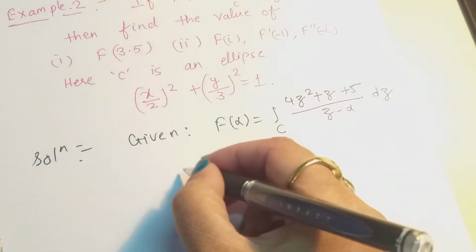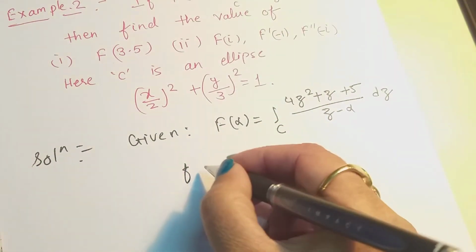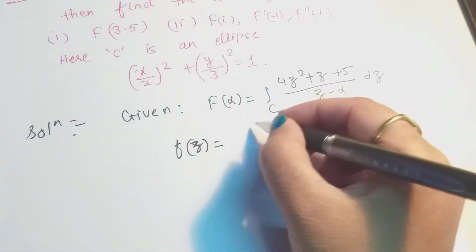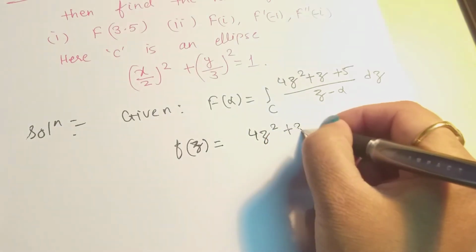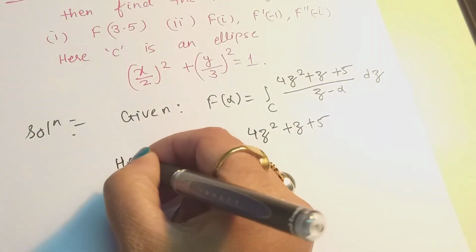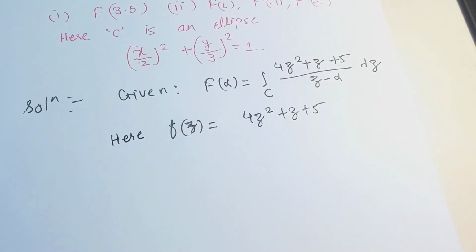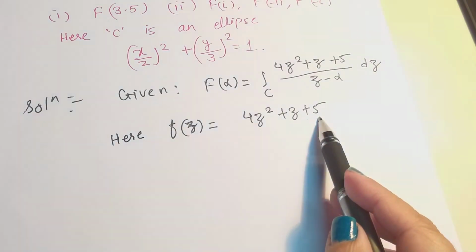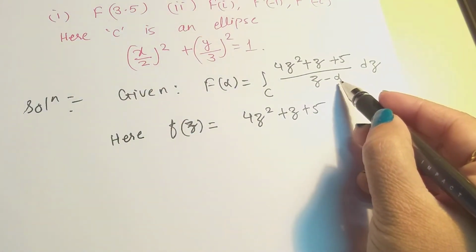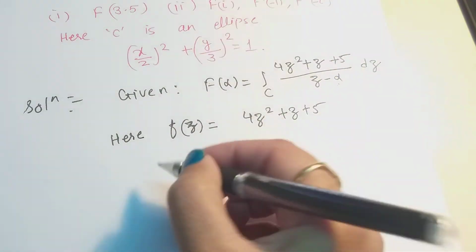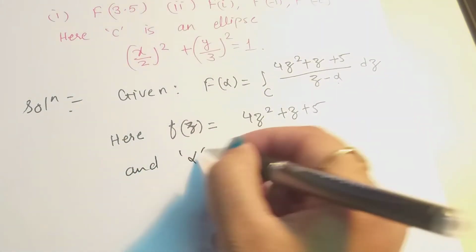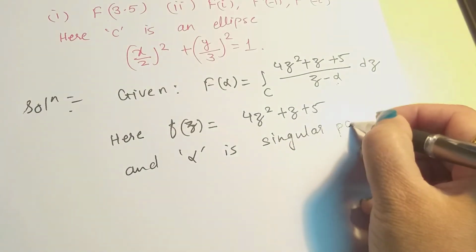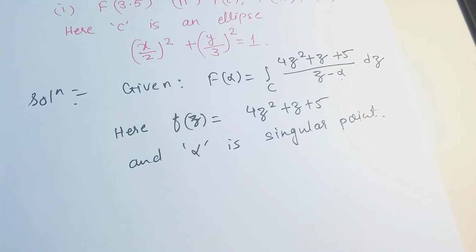Then in this case, this is capital F, and small f, f of z will be equal to 4z square plus z plus 5, same as we have taken in previous problem. So f(z) is equal to 4z square plus z plus 5, and here there is given alpha in place of a. Okay, so alpha is a singular point where the function is not analytic.